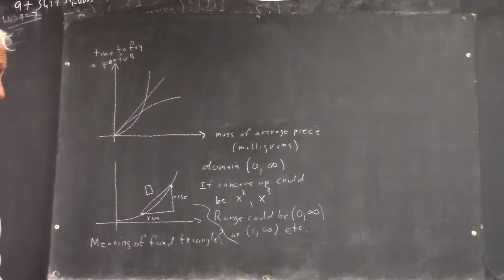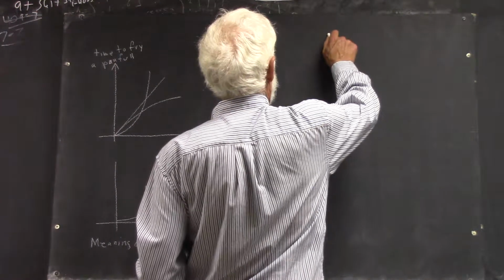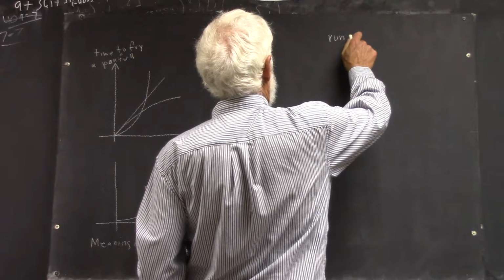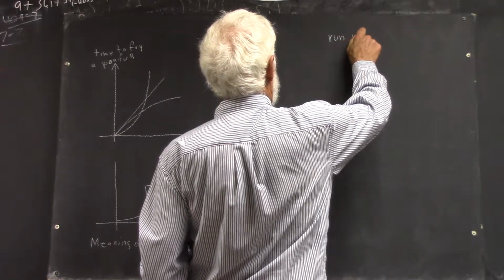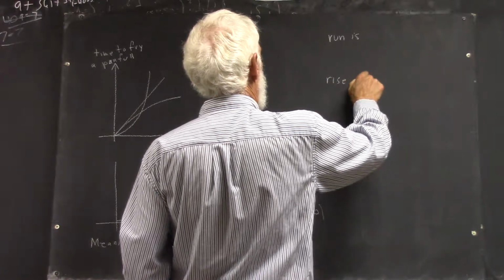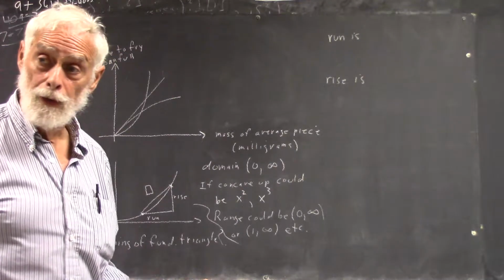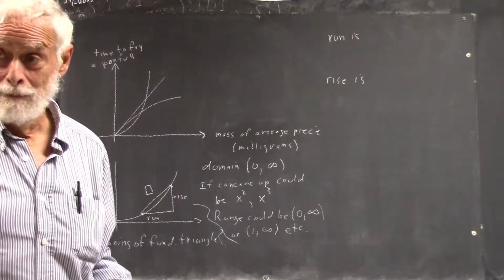Okay, so what's the meaning? Well, what's the meaning of the run? Now, this is how you analyze a fundamental triangle. Notice I don't have any numbers in this, because if I ask you what the run is and I have numbers on it, you're going to give me a number instead of a meaning.